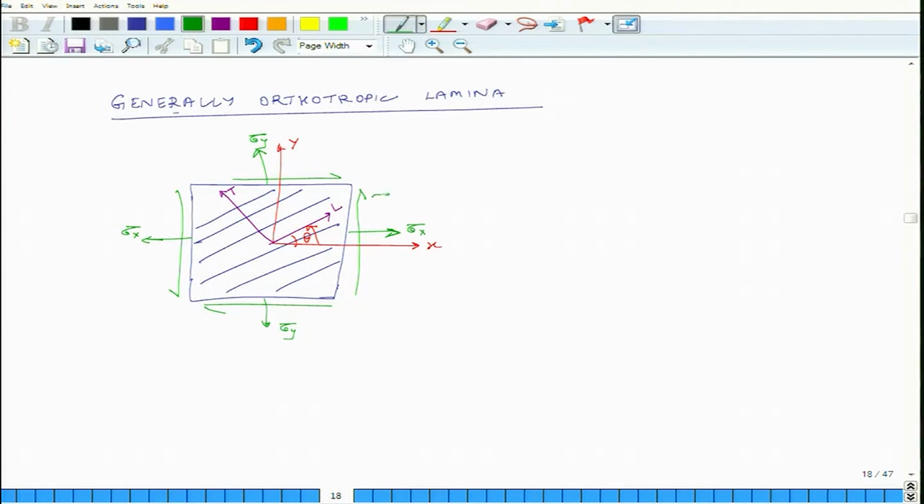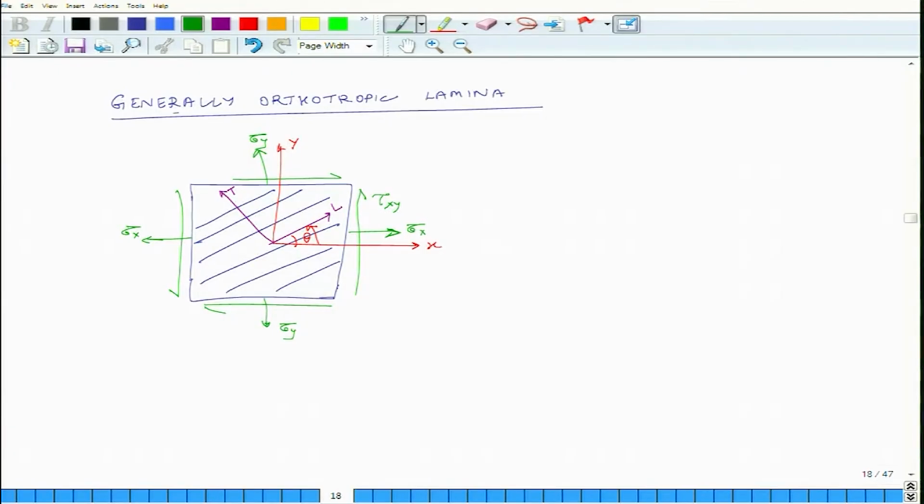So, that is tau x y, and again note the direction of tau x y, this is positive tau x y. So, sigma x is positive, sigma y is positive, and tau x y is also positive. This is how our sign convention is assumed to be.